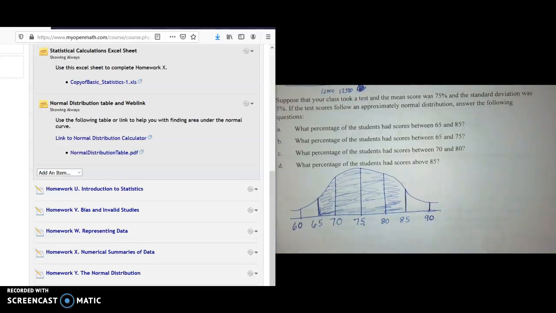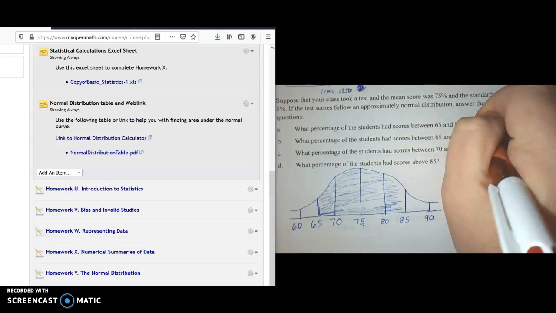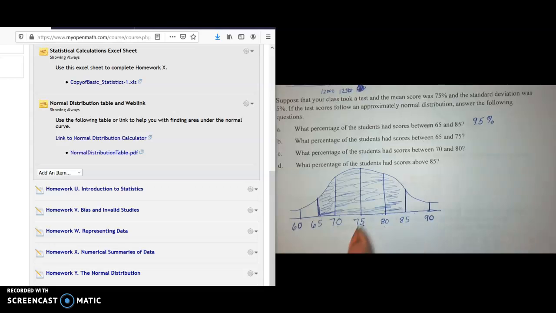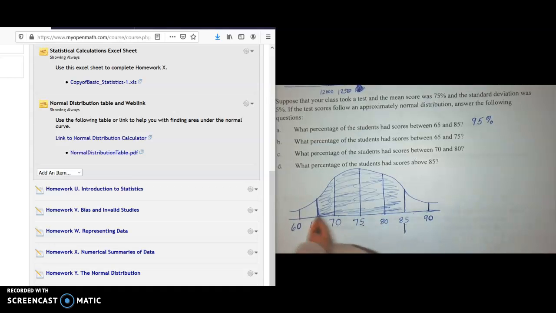So we know by the 68, 95, 99.7 rule that 95% of the values are within 2 standard deviations from the mean.